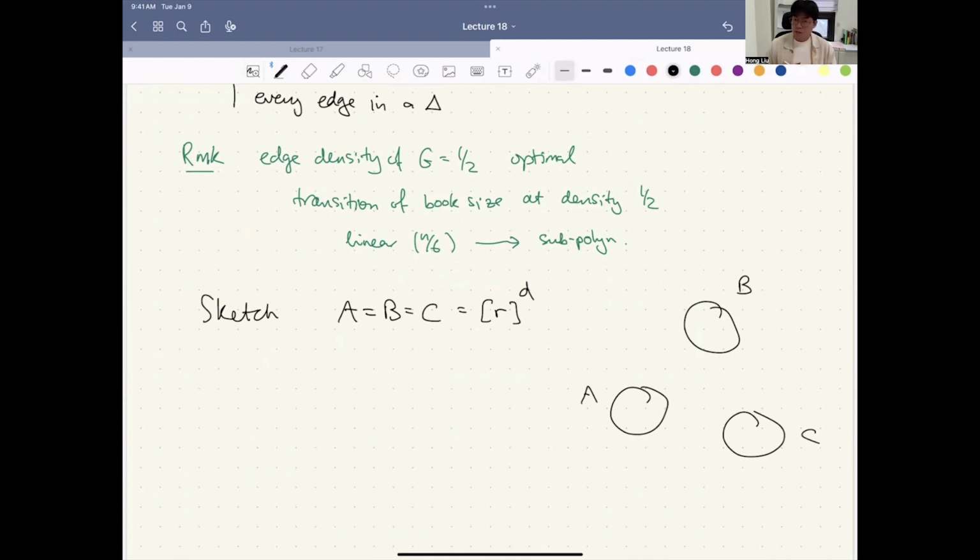Same sets, make 3 different copies. Now, between A and B, I add almost all edges. How do we add edges? For A and B, we make them adjacent if and only if the distance is a typical distance.